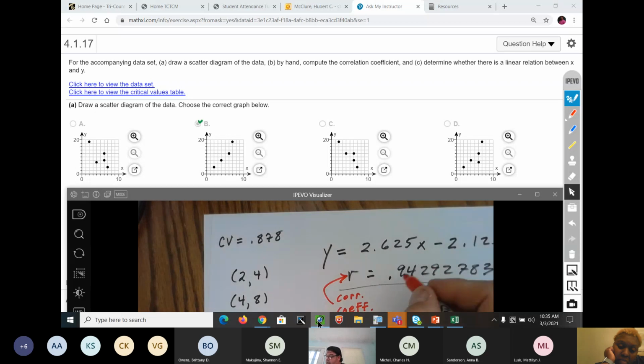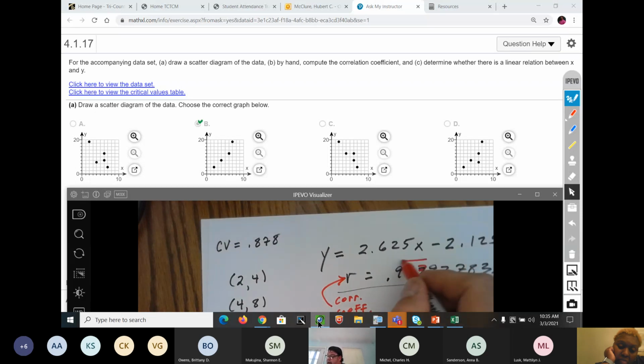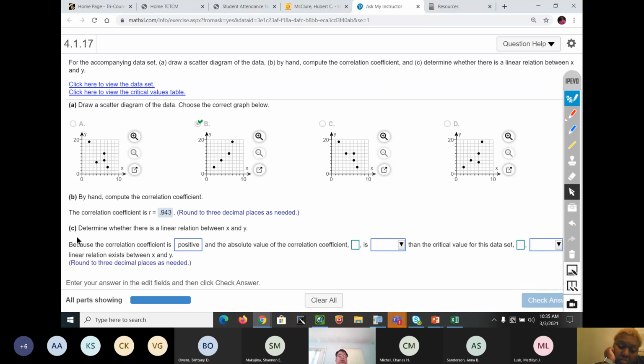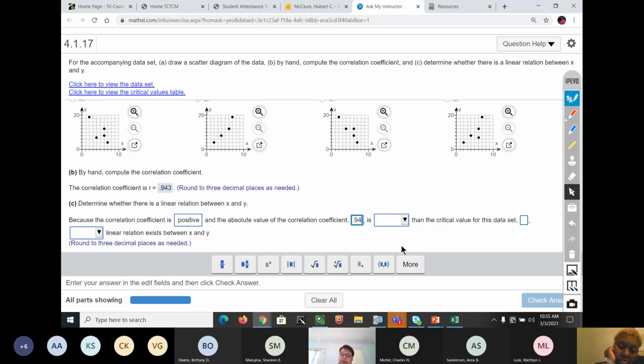Okay, and it's 0.943 because I rounded that to the 3rd decimal place, 0.943. Okay, go back to the question. The correlation coefficient is positive, and the absolute value is 0.943. What is it greater than?